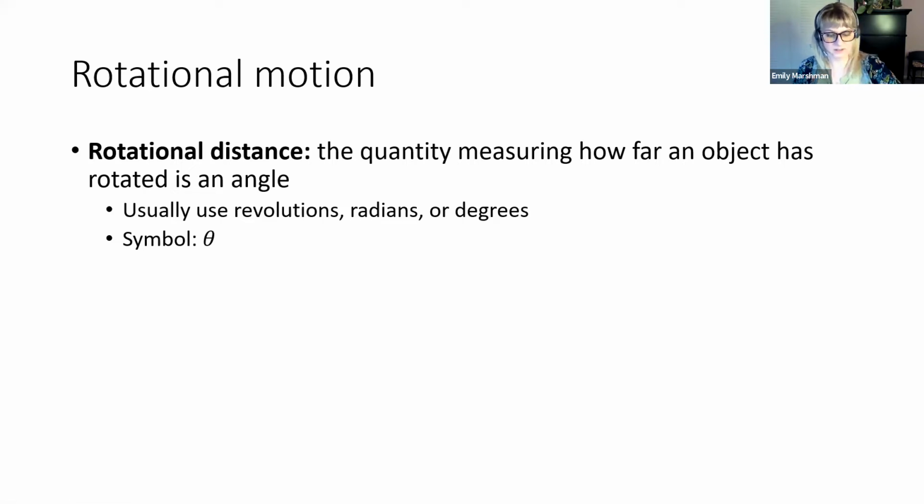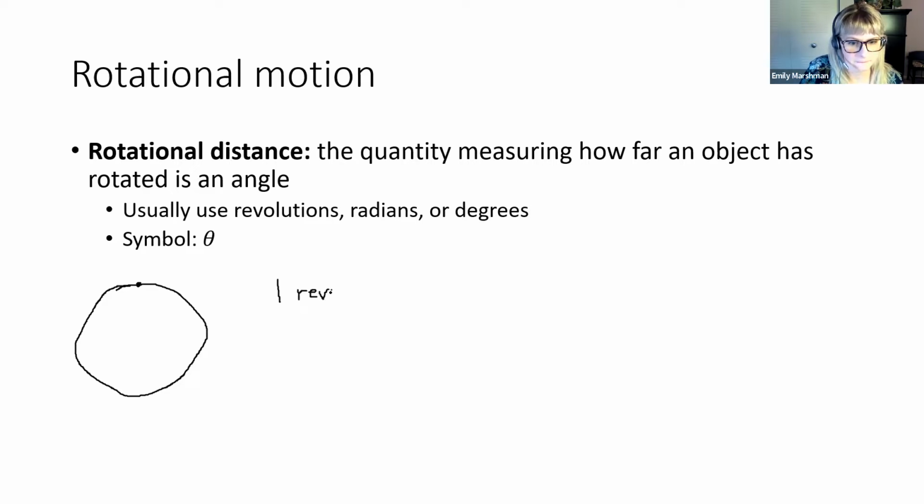And just as a reminder, in case you've forgotten a little bit about the difference between revolutions, radians, and degrees, let's just remind ourselves. In a circle, it's a terrible circle, but just bear with me. If you go all the way around the circle, you've gone through one revolution. One revolution in degrees is 360 degrees all the way around.